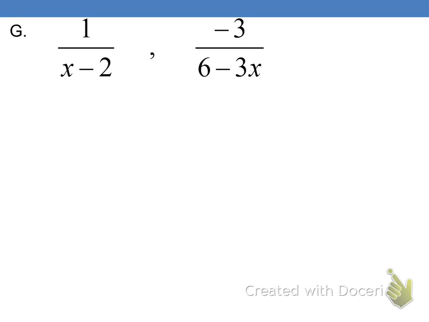All right, so we can factor the second denominator, right? What can you bring out of each one? 3. All right, so if I pull out a 3, I have x. I pulled out a negative. Yes.